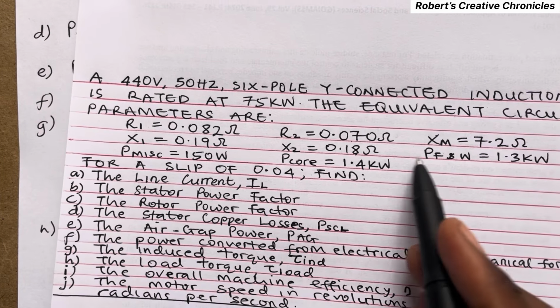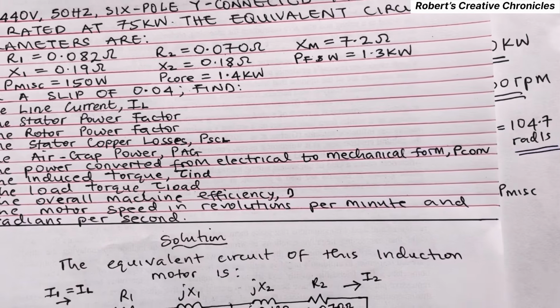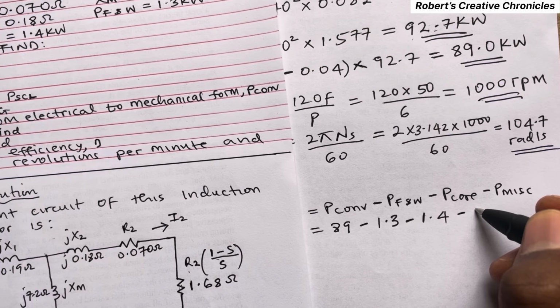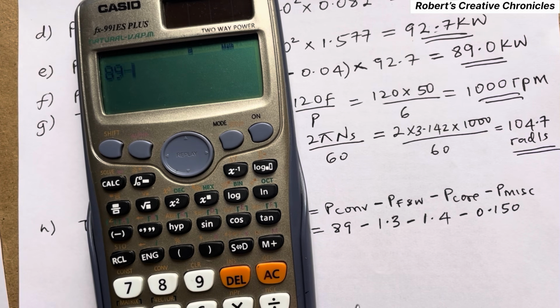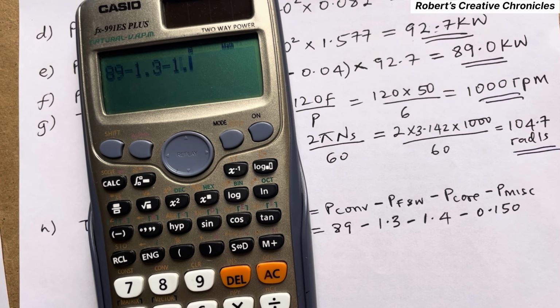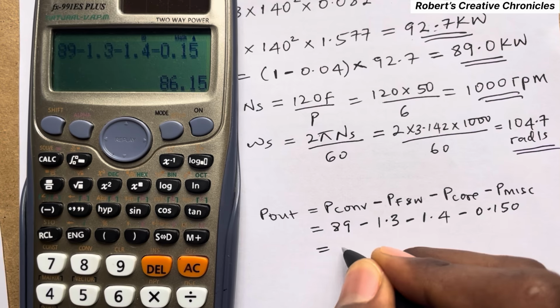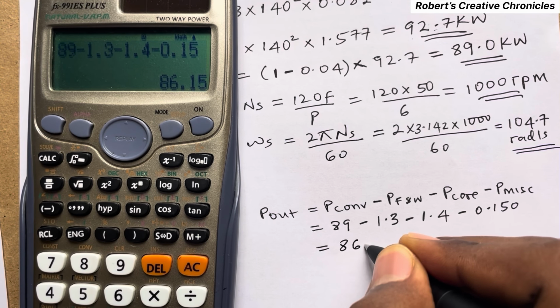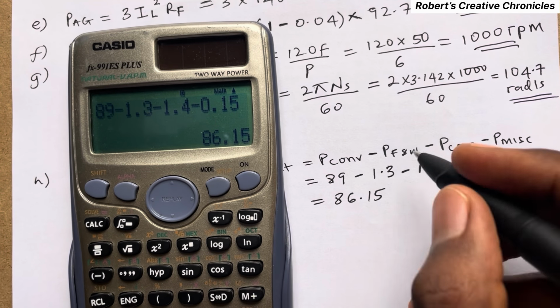But all the other units are in kilowatt, so we have to divide this one by 1000 to convert to kilowatt. 150 divided by 1000 is 0.150. So 89 minus 1.3 minus 1.4 minus 0.15. This is 86.15 kilowatts.